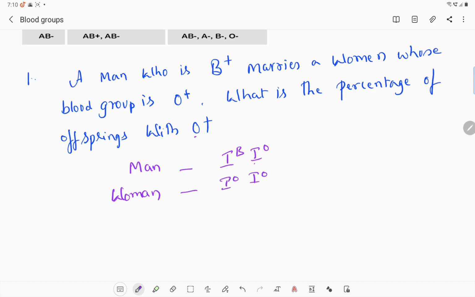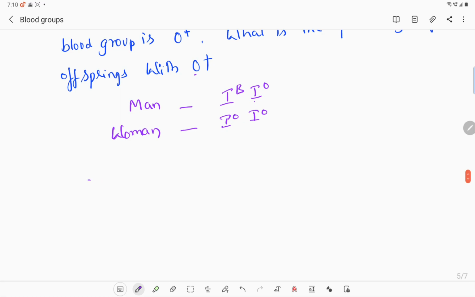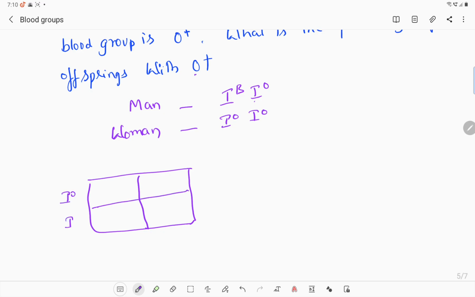IO IO. So let us take the Punnett square. So here IO IO woman blood group, IB IO, IB IO, IO IO, IB IO, IO IO.